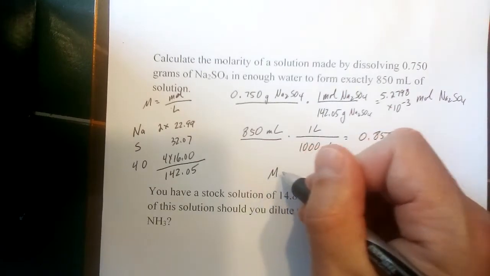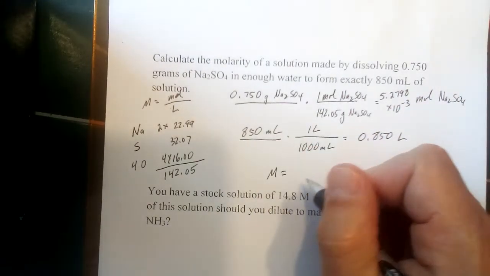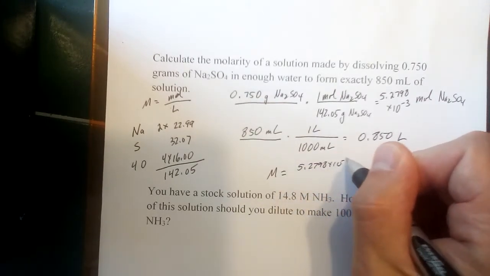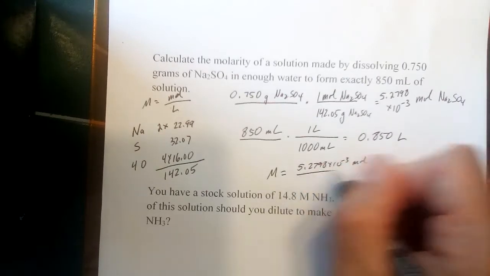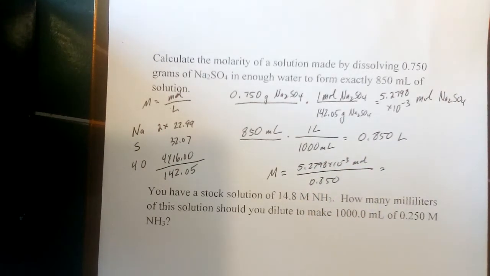Okay, the molarity here then will be the quantity of moles divided by the volume. So our 5.2798, although that's sitting now in my calculator, divided by 0.850. So previous answer divided by 0.85.